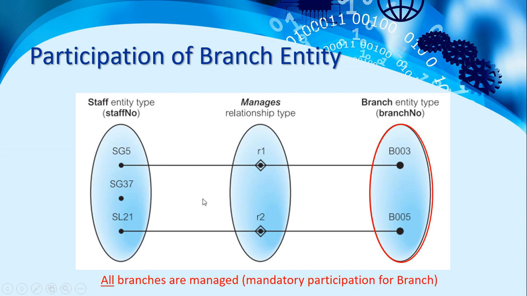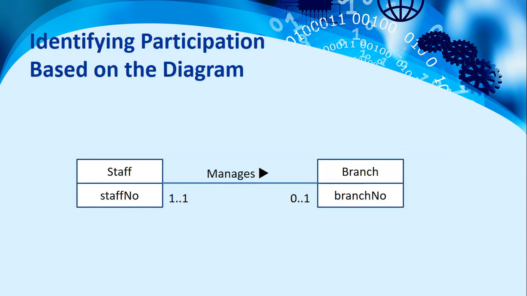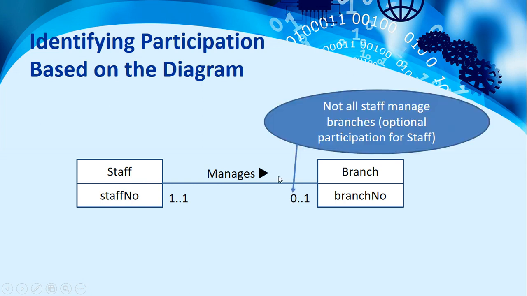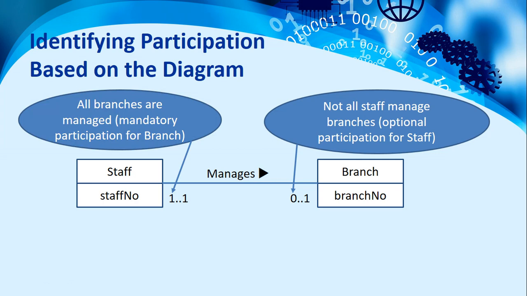What if there's no semantic net model? All you have is this UML diagram. How do you identify the participation based only on the diagram? You just look at this first number. In this case, the 0 means not all staff members manage a branch. Therefore, the participation of staff is optional.